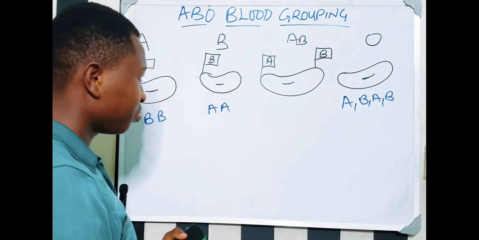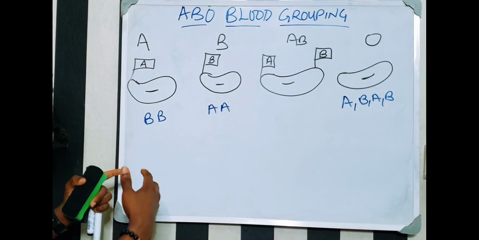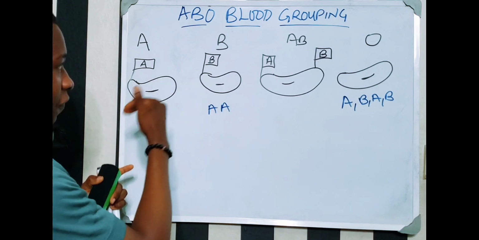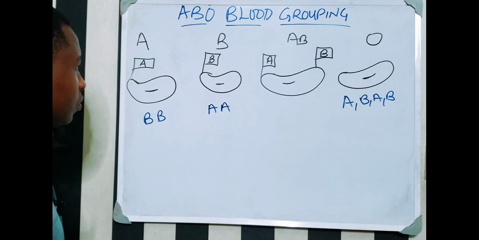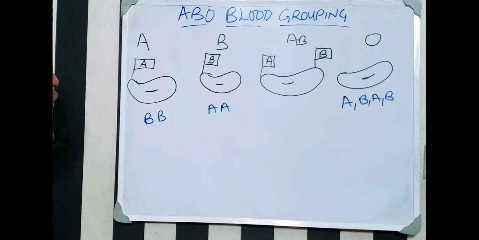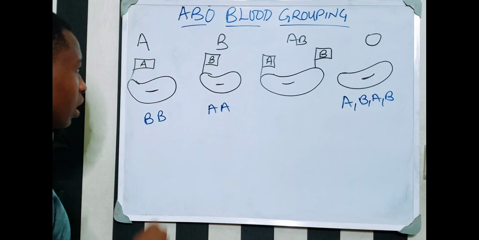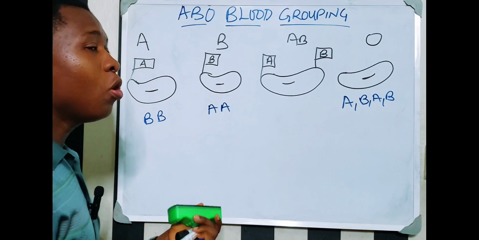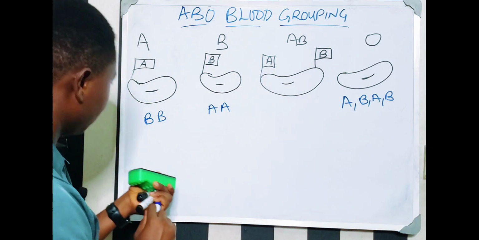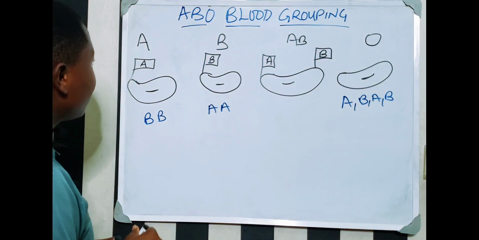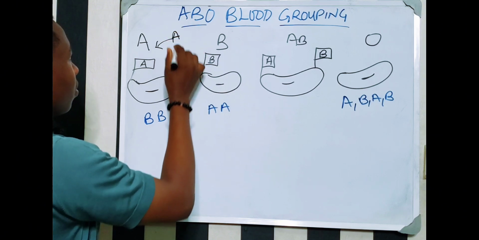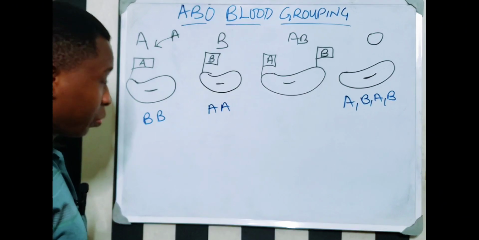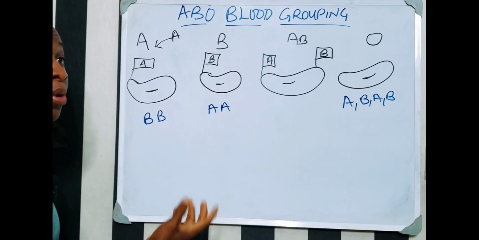All right, now we're going to look at who can give to whom and who can receive from whom. Let's start with the blood group A. The blood group A can only receive from itself. Blood group A can receive from blood group A because it is the same blood.